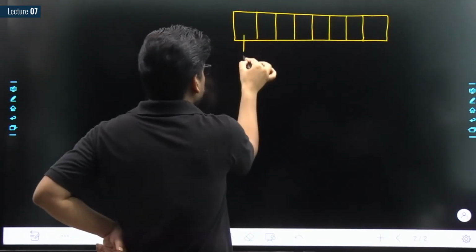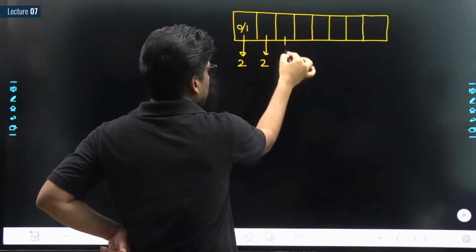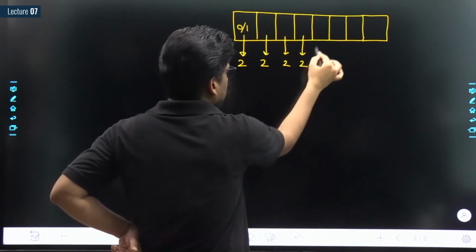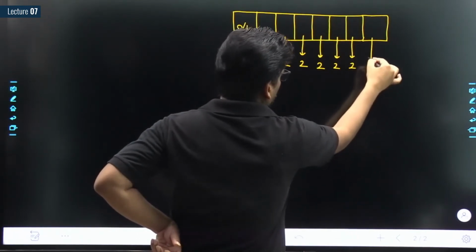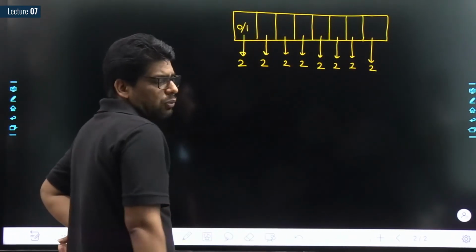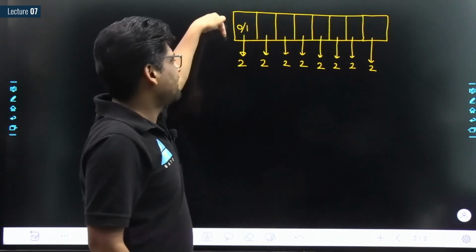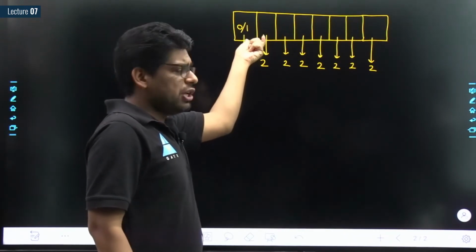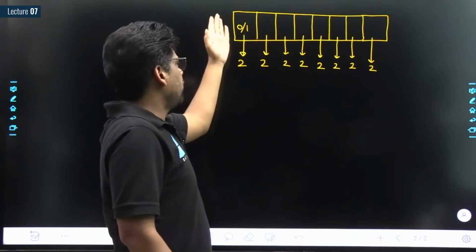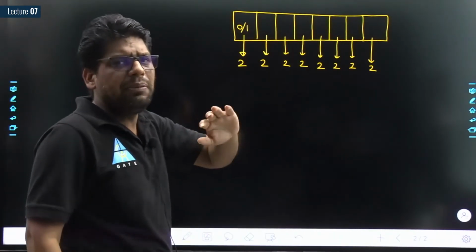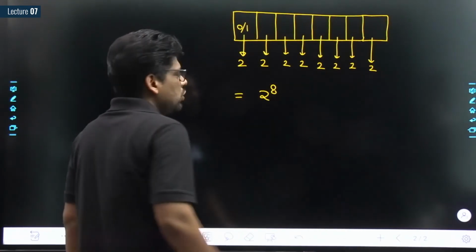Sir, for each we could have 2 possibilities, that means either 0 or 1, and all of them are independent. What do you mean by independent? If a 0 comes here, then whatever, it could be 0 or 1 here. That means the occurrence of 0 or 1 is independent of the others. Every bit can be 0 or 1. That is why overall the total possibilities will be 2 to the power 8.